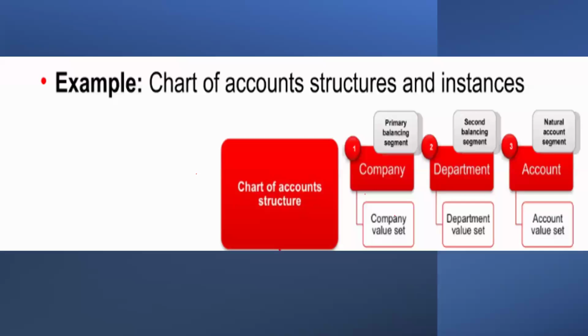For the company segment, we have provided the label of primary balancing segment, for department a secondary balancing segment, and for account a natural account segment. The primary, secondary, and natural are the labels; these are the segments.